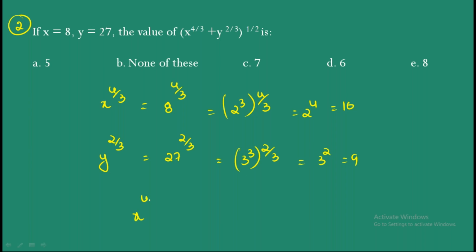We want (x power 4 by 3 plus y power 2 by 3) to the power 1 by 2. Here (16 plus 9) whole power 1 by 2 is nothing but 5. So guys, if you try, you can find the value of this entire expression is equal to 5. Got it? Excellent.